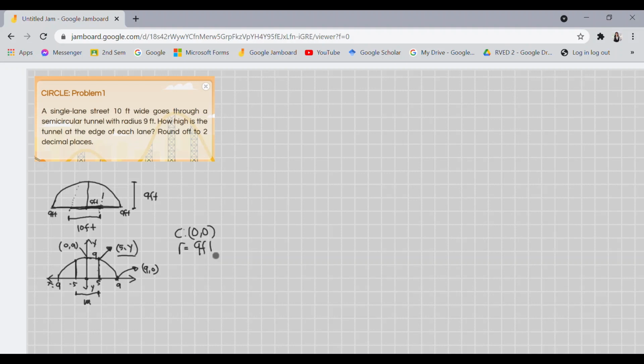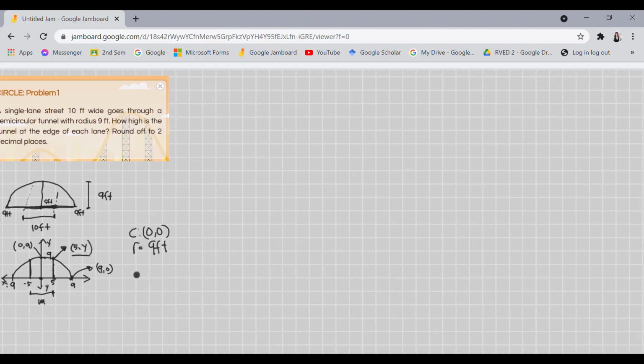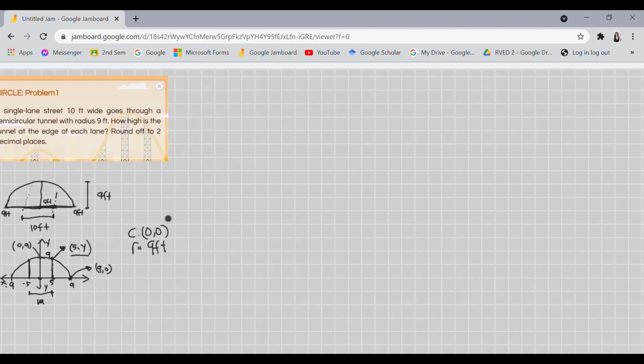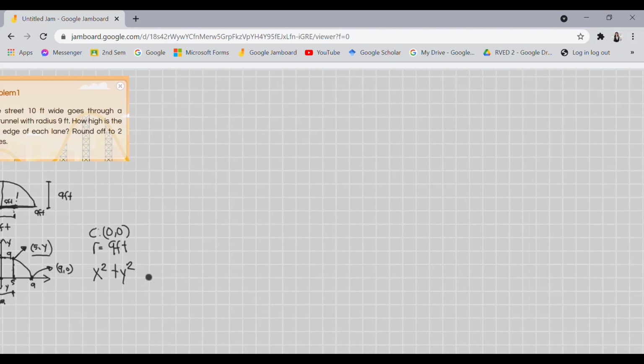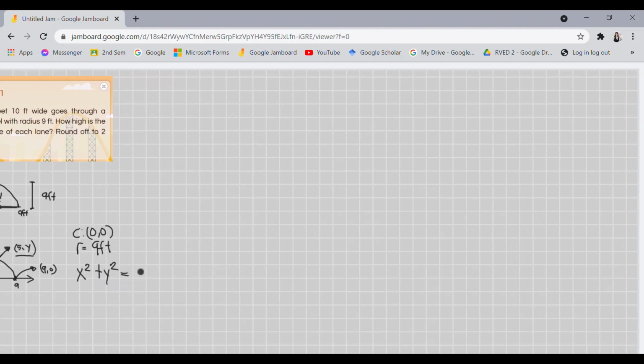Okay? Using these two variables, we can say that the standard form of equation for the circle with these characteristics will be x squared plus y squared, since it is at 0, 0, and then is equal to 81. Okay? So, that is from x squared plus y squared is equal to r squared.